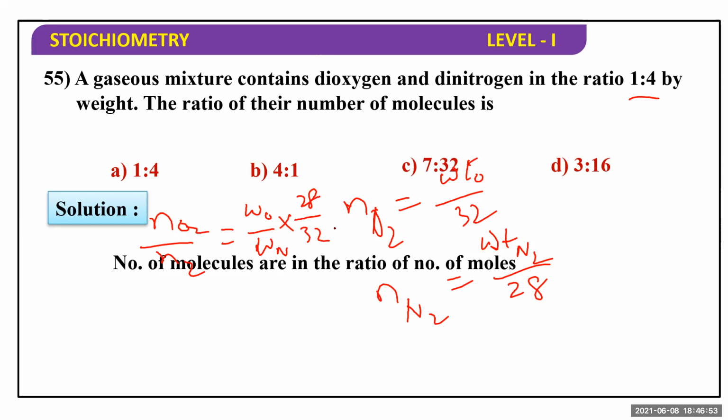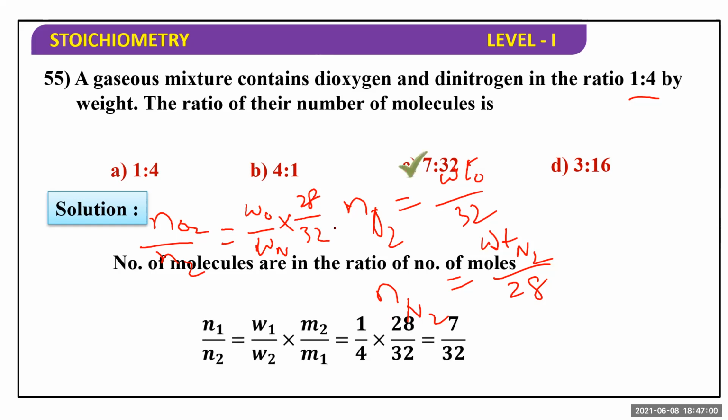Then it will be the ratio of 7:32 in this way. Is it clear or not? Yes, sir. Because WO by WN equals 1/4.